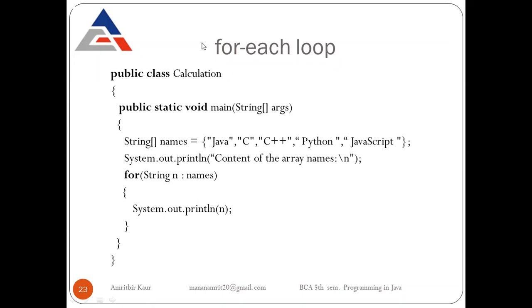As we know, in an array values are stored by index, like names at index 0.